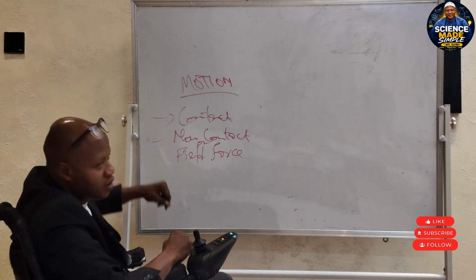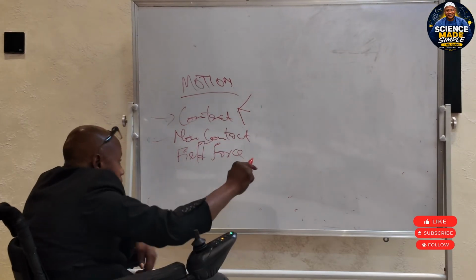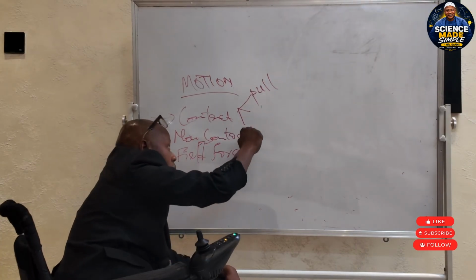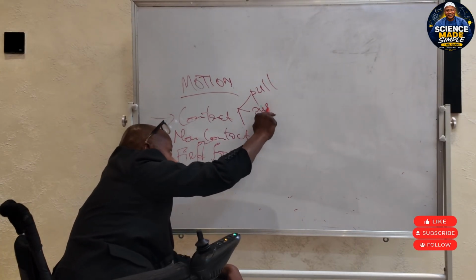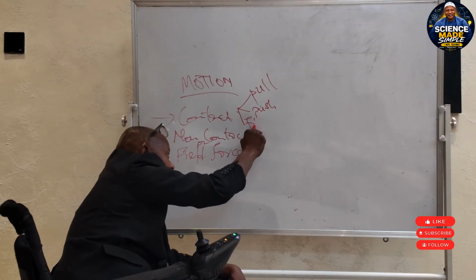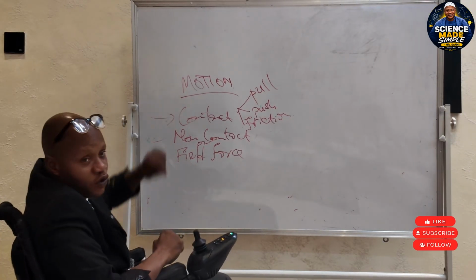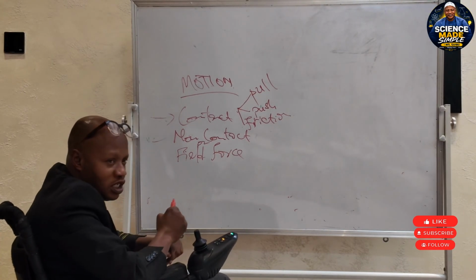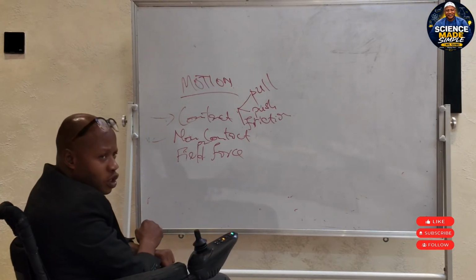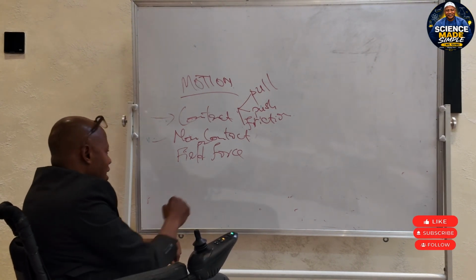Contact force can be by pull in different directions, push in the same direction with the force, or frictional force. These are contact forces. That is, there must be contact between the two bodies. While for the field force, you don't need contact between the two bodies before you experience that type of force.